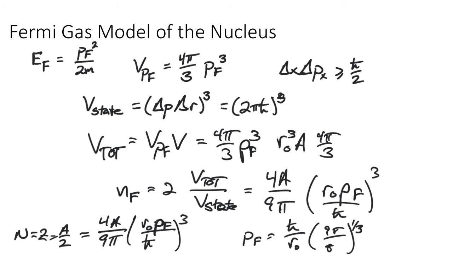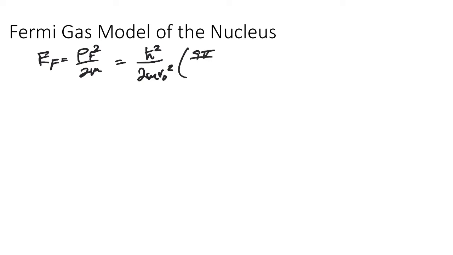So calculating that factor then, we can find that the Fermi energy is the Fermi momentum squared over 2m, which is h bar squared over 2m r naught squared times 9 pi over 8 to the 2/3.